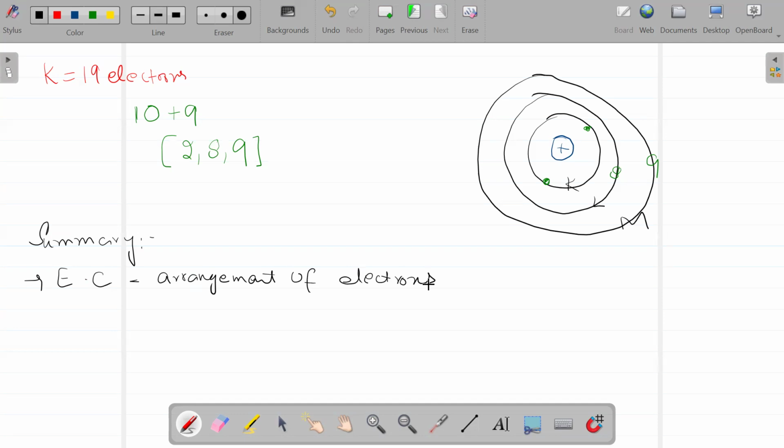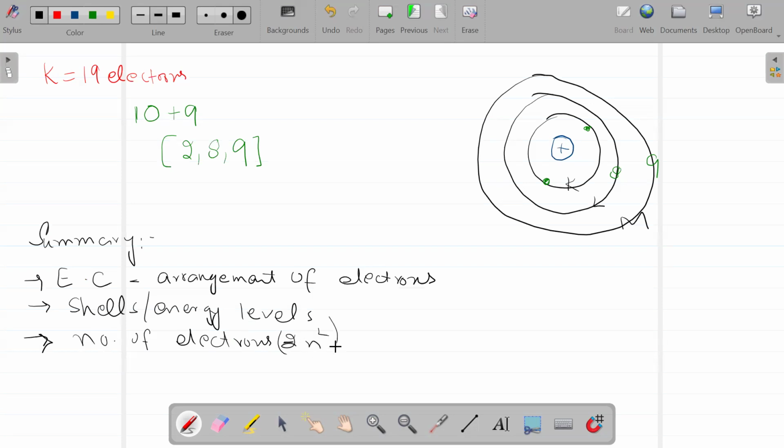And the second point I discussed is what are shells or the energy levels, and third, how many electrons each shell can accommodate, and we calculate it by using the formula 2n square, and then we actually learned what is the electronic arrangement in the sodium and potassium atom.